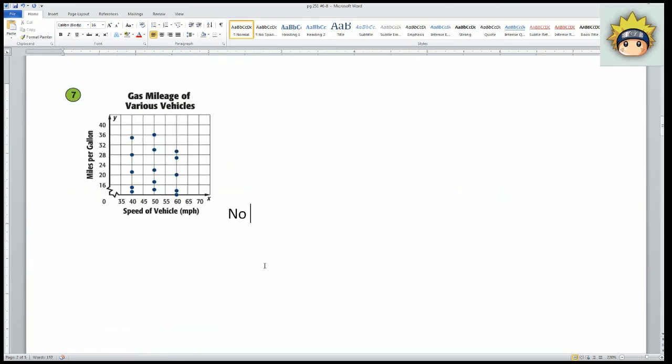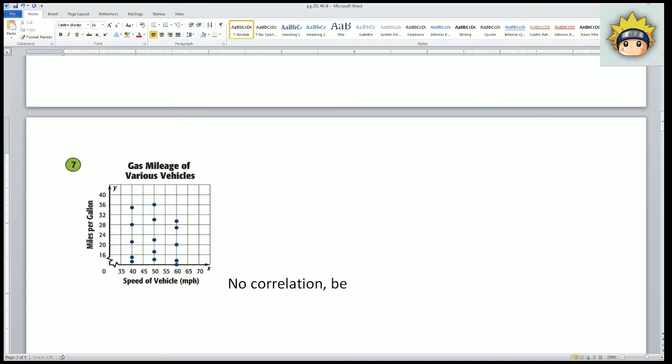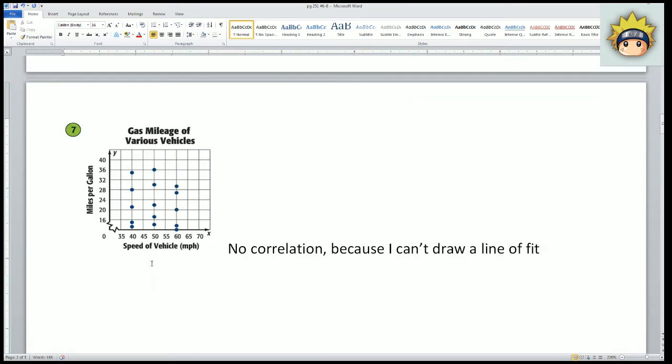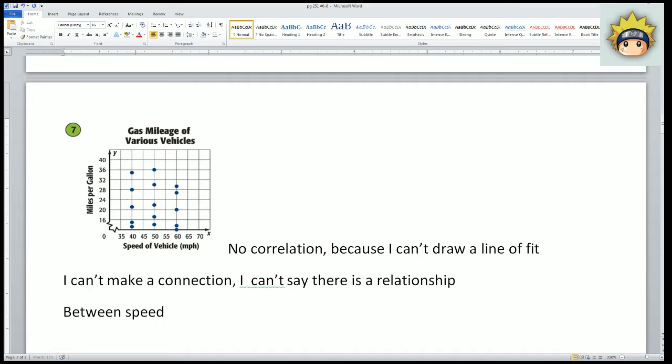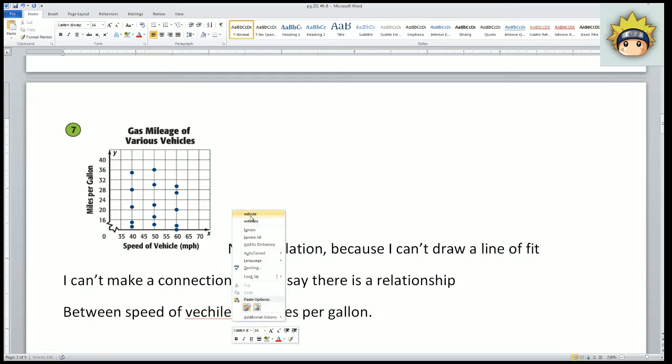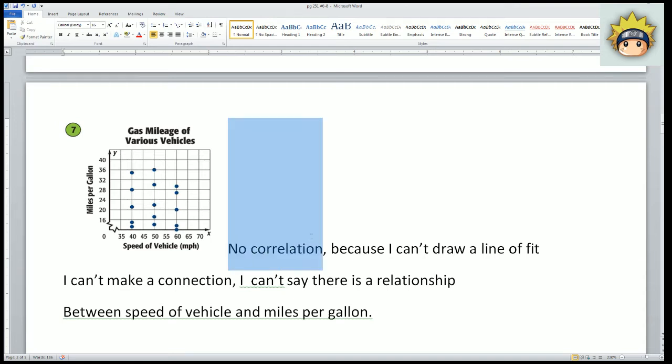There's no correlation for this one, because I can't draw a line of fit.